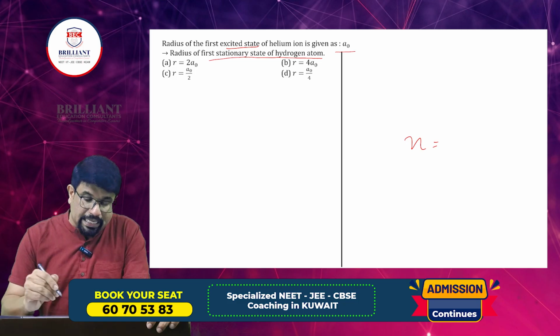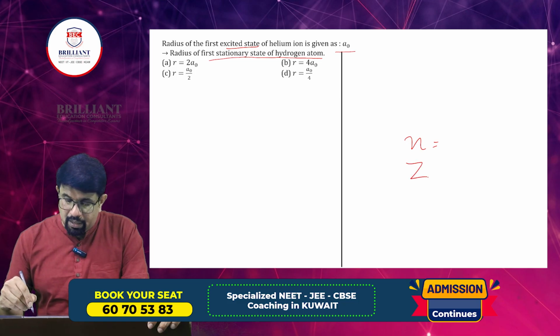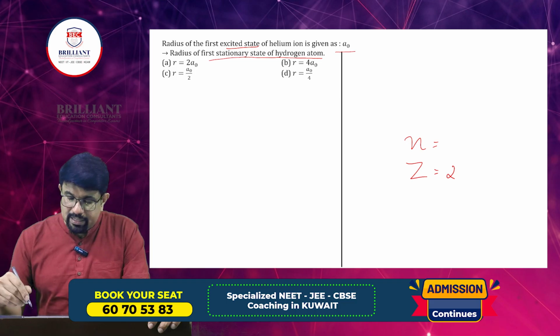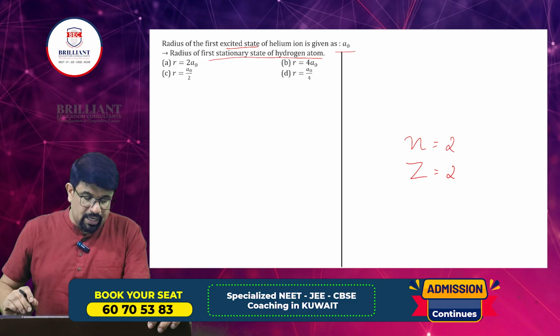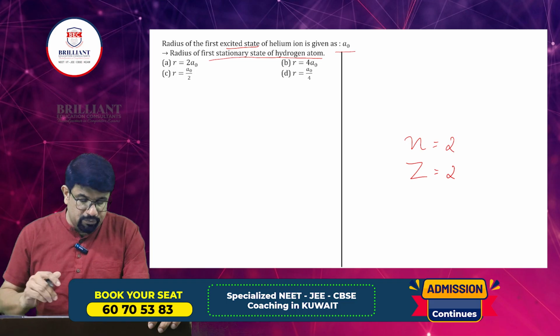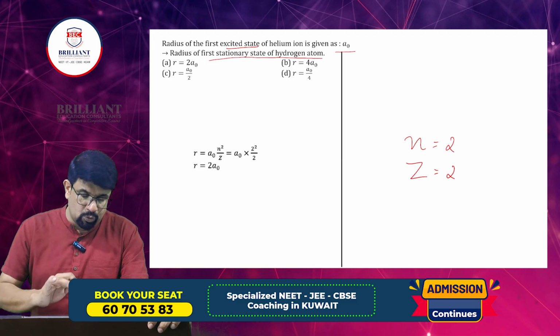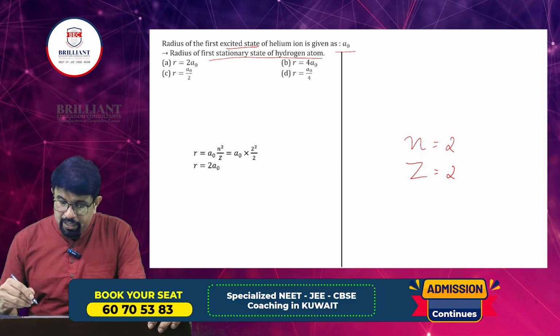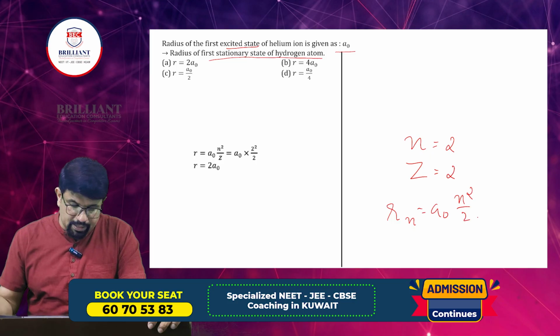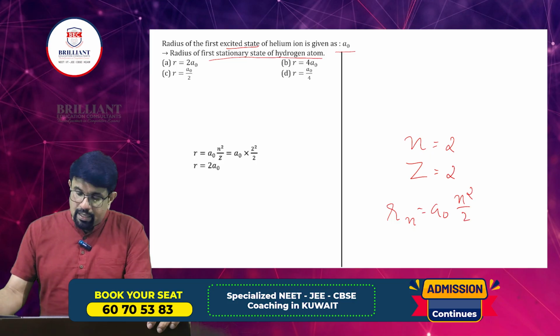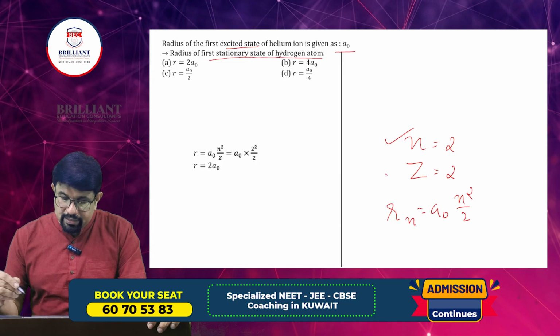It is helium they are telling, that's why atomic number is 2. If it is first excited state, n is equal to 2. Then what will be the equation we can use for this numerical? Here we already know that radius Rn is equal to A0 n square divided by Z, right? Then here n is equal to 2 and Z is equal to 2.